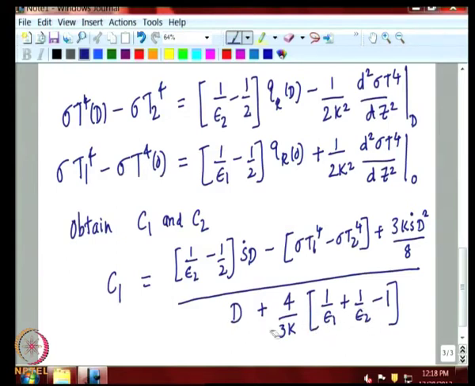You get d plus 4 by 3k, and so this can be related to the problem we did earlier for the case where there was no internal heat generation. Okay. That is the radiative equilibrium problem. This is the extension of that result to the case where radiative equilibrium does not exist because there is internal heat generation. Now, let us look at C2.